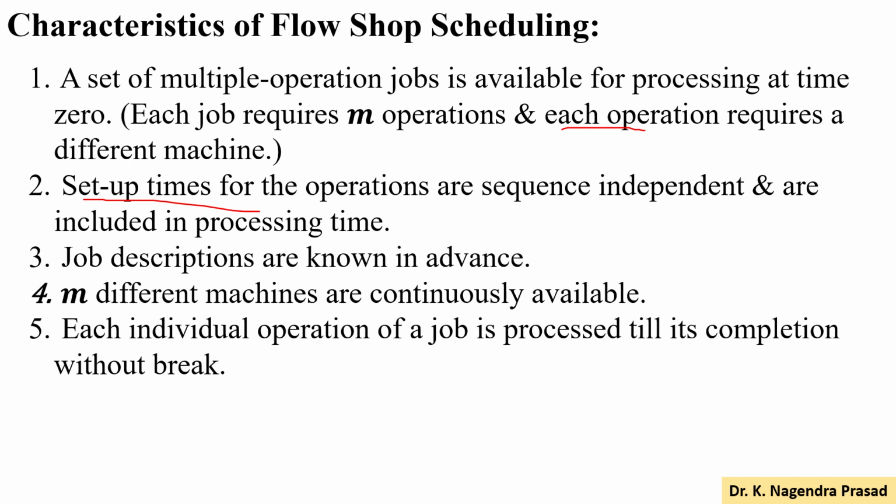Third one is job descriptions are known in advance. And next one is the m different machines are continuously available. And last one is each individual operation of a job is processed till its completion without break.